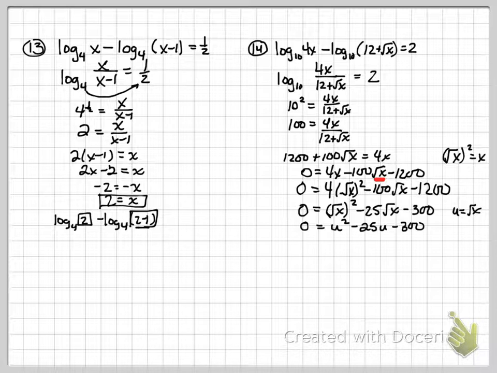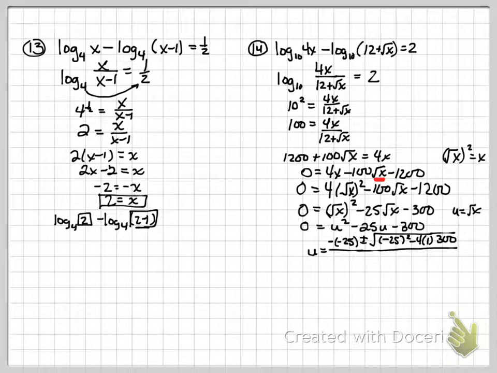So let's do that. u equals the negative of negative 25 plus or minus the square root of negative 25 squared minus 4 times 1 times 300, all divided by 2 times 1.